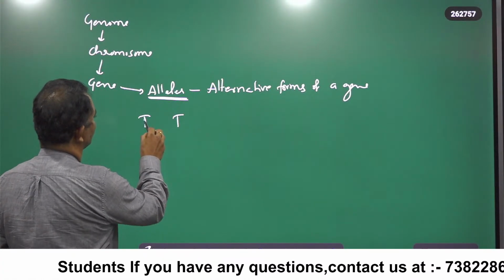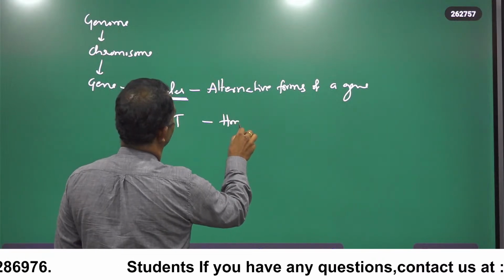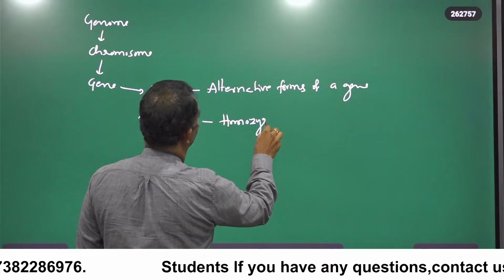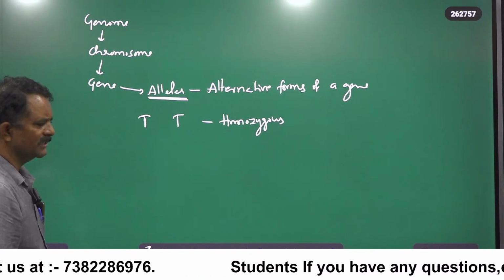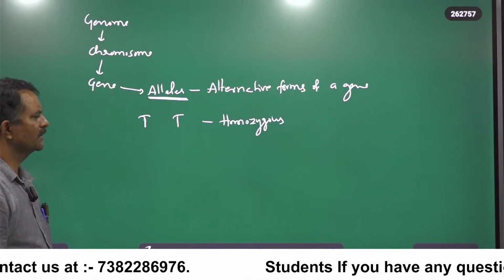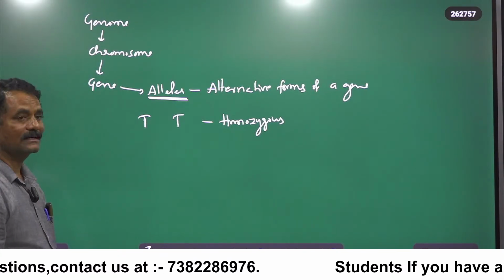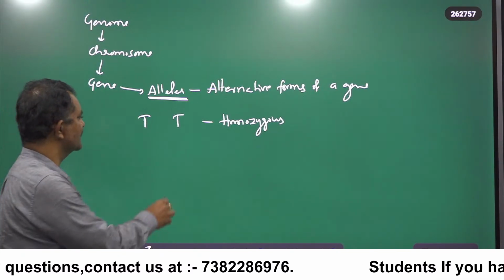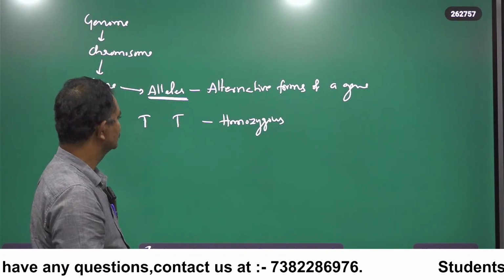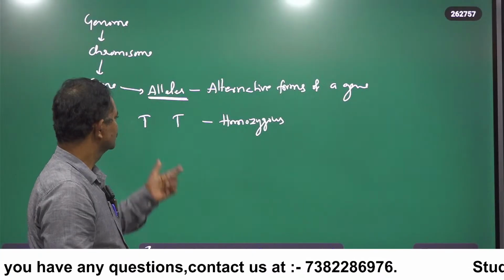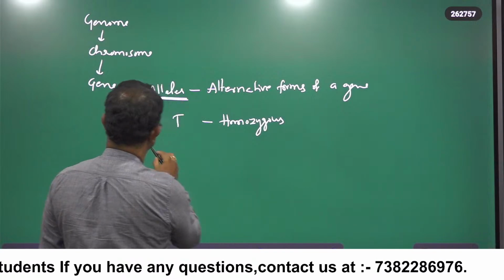These are the same, so they are called homozygous. Homozygous is nothing but pure. Genotypically and phenotypically they are similar. They are pure, two alleles are the same.